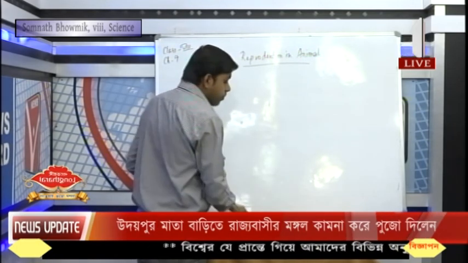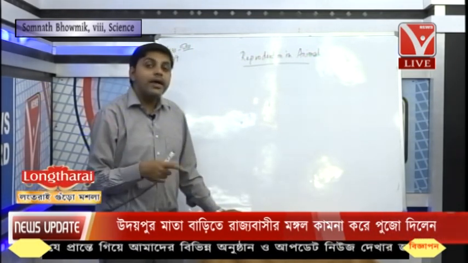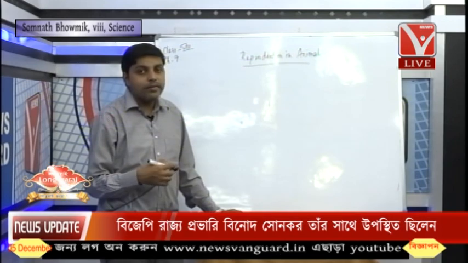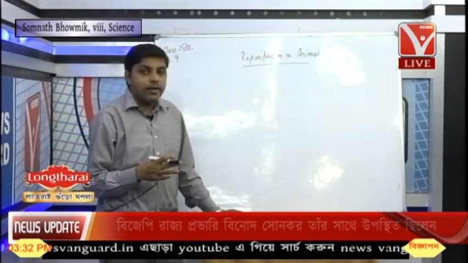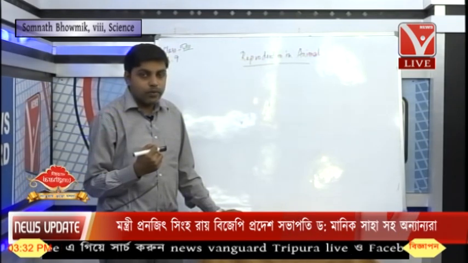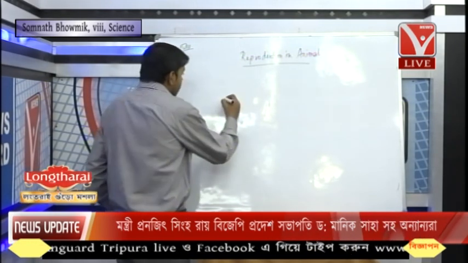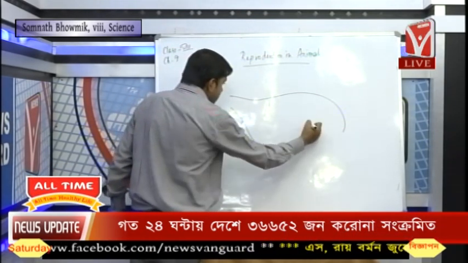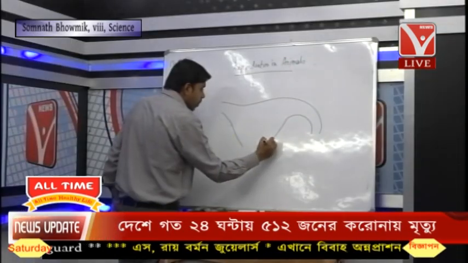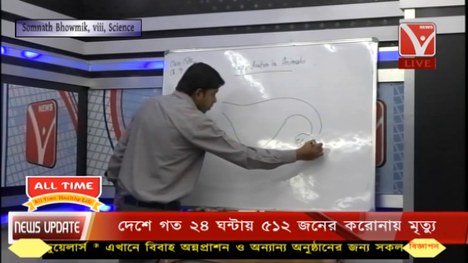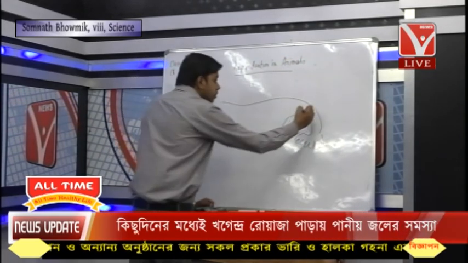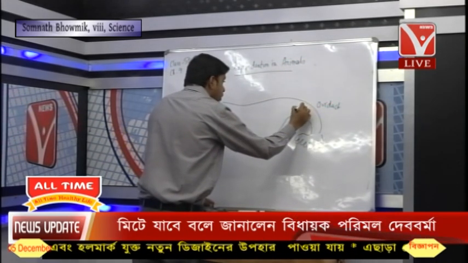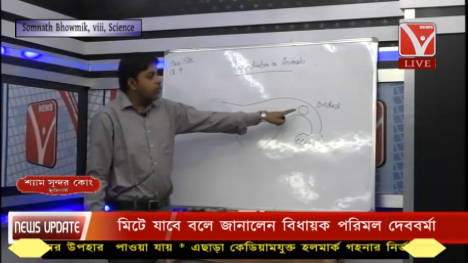Now, as I told, the zygote is formed. The zygote divides repeatedly. As a result, it becomes a ball-shaped structure. This is the oviduct, and here is the ovary.